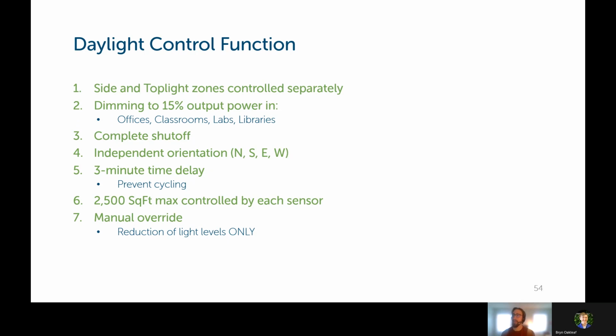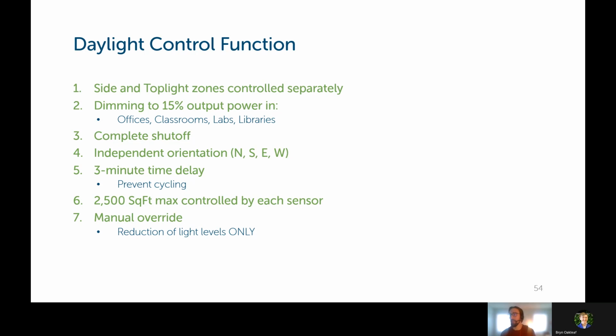For daylight controls, you must control the side light and top light zones separately. You have to be able to dim continuously down to at least 15% output in offices, classrooms, labs, and libraries. And then if there's enough light, you must be able to shut off the lights completely.